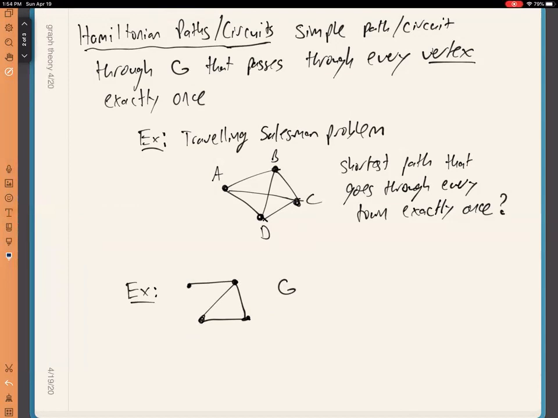Well, I want to start at some point, and I want to hit every single vertex, right? So maybe I can start here, and then go from here to here, and then from here to here, and then from this vertex to the last, right? So this is a Hamiltonian path.